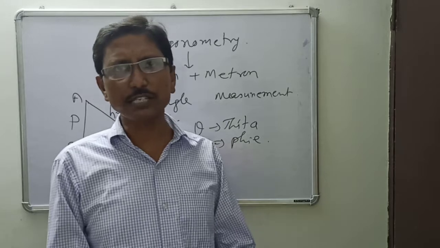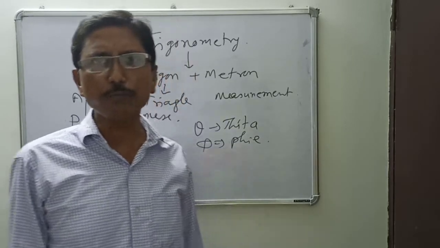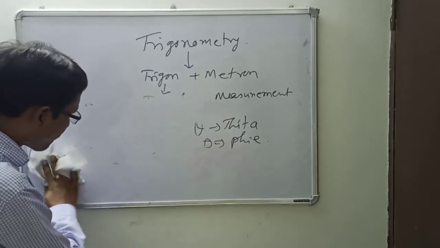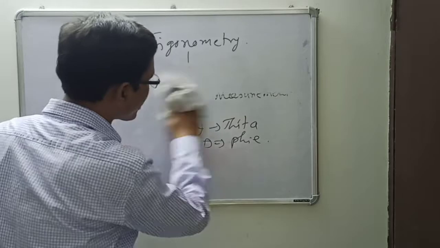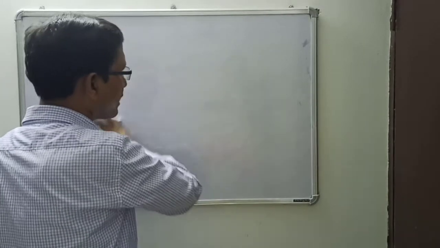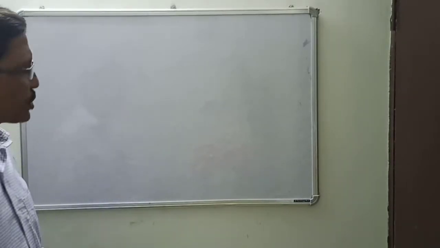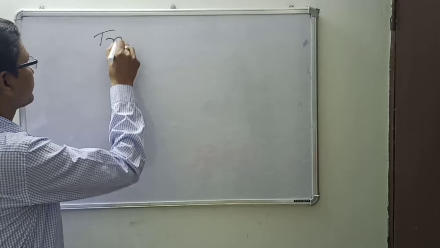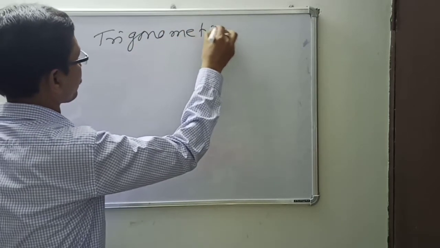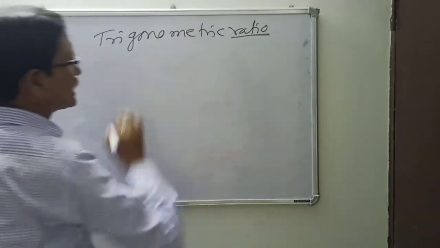In the present syllabus, one part, the complementary angles, has been removed from your portion, and the first part is the trigonometric ratios, that is, the ratios of the sides.